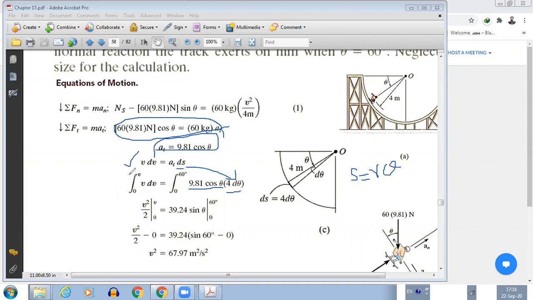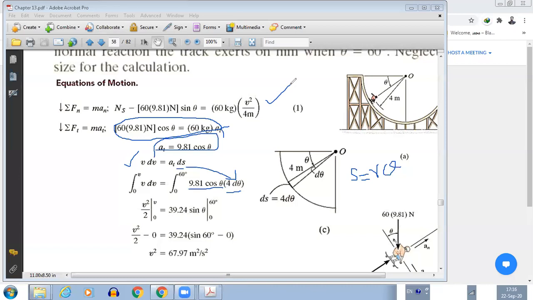Do you see the problem here? Till here it was okay. But we wanted to know the velocity when theta is 60. We know the velocity when theta is 0. How to find the velocity when theta is 60? We need a relationship which can relate velocity with theta. First we develop a relationship where we have AT linked with theta.